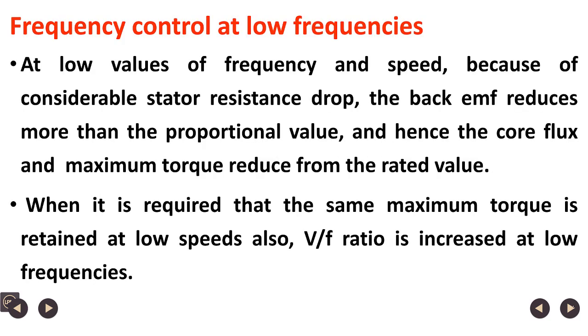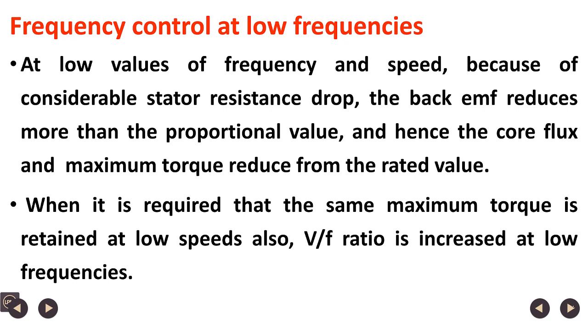At low values of frequency and speed, because stator resistance drop is a considerable part of the applied voltage, the back EMF reduces more than the proportional value, and hence the core flux and maximum torque reduce from the rated value. When it is required that the same maximum torque is retained at low speeds, the V by F ratio is increased at low frequencies.